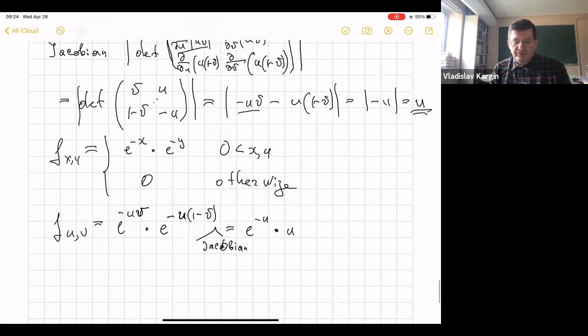And so we figure out that this is the joint density of u and v on the appropriate range, and 0 otherwise.